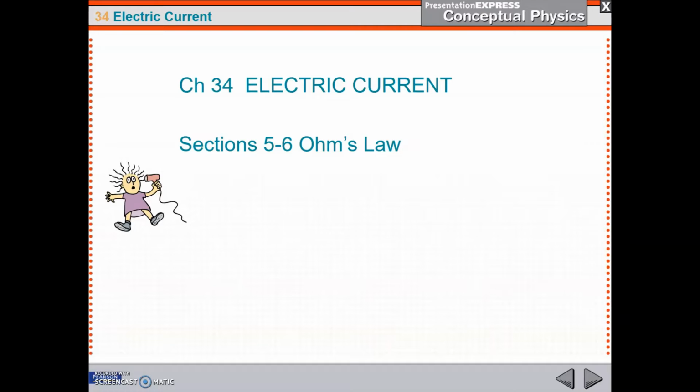Today is chapter 34, electric current. We are going to just cover the basics of Ohm's law. It's going to go by a little quick because it's just a simple formula, really. And the hard part is not the formula. The hard part is keeping together the concepts that explain the formula. What is voltage? What is current?